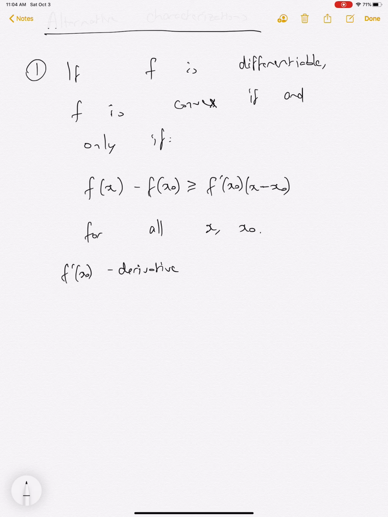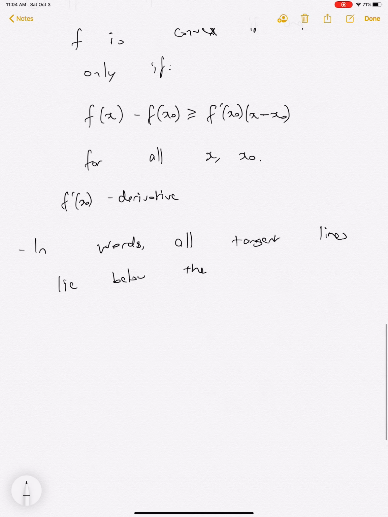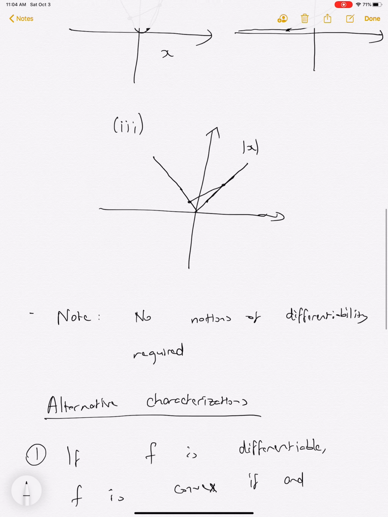And so in words, what this actually means is that all tangent lines lie below the function or curve. So let's go back to our examples here.